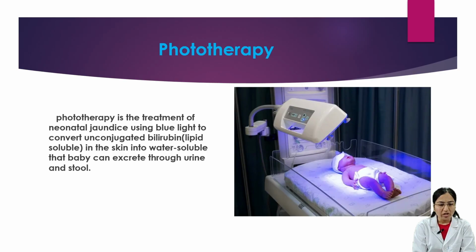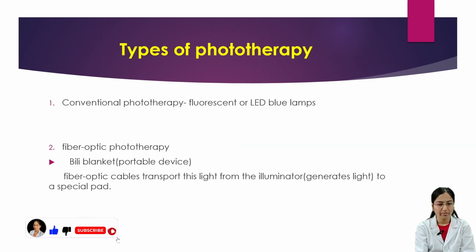Here phototherapy is the treatment given to neonates for jaundice. They use a blue light that converts unconjugated bilirubin in the skin into water soluble form that the baby can excrete. This is nothing but phototherapy.